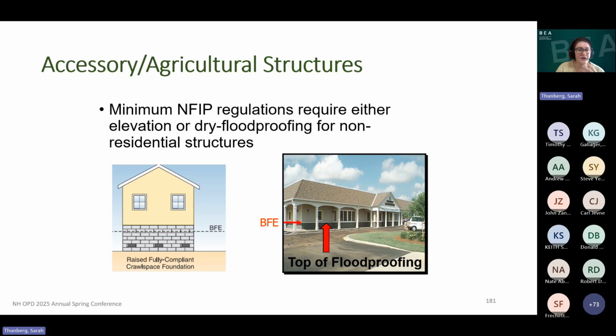Now, dry floodproofing is where the whole structure remains watertight. So there is no water that can get into the basement or the lowest floor or anything. Generally, this can include putting panels by the doors, as opposed to wet floodproofing, which I'll go over in a minute.